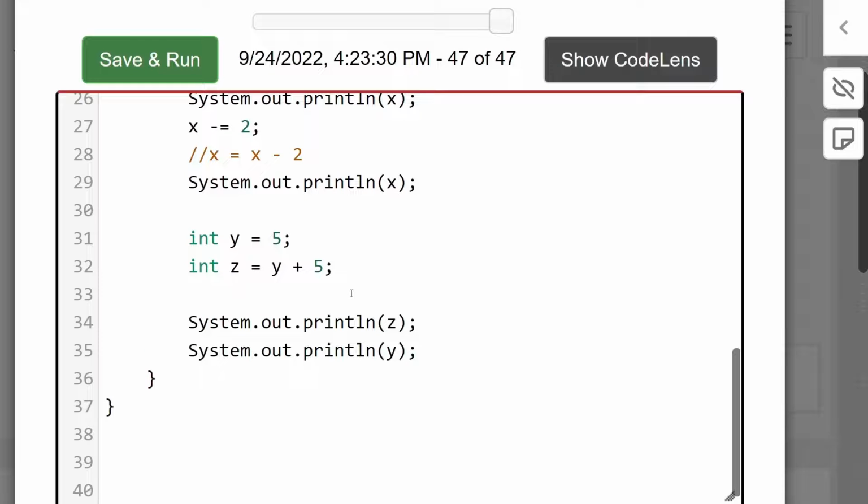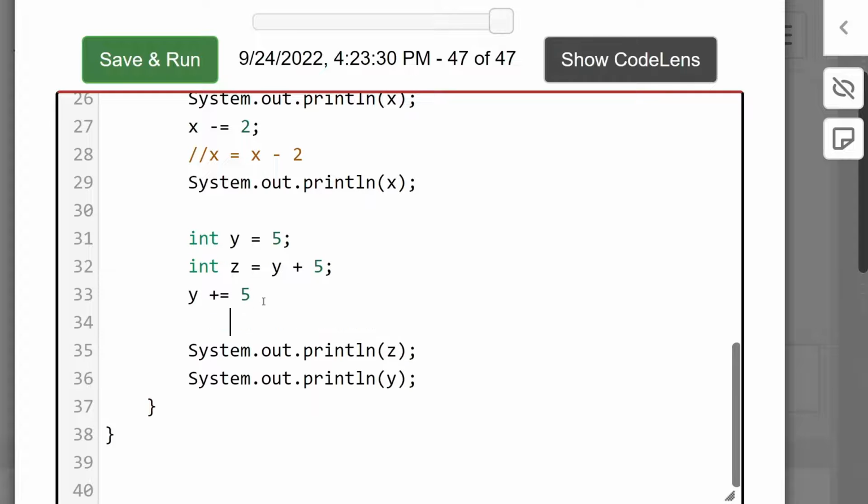Now, if we were to do an assignment operator, we say y plus equals 5, then you'll notice that the actual value of y changes to be a 10 because we're doing this exact same expression. Basically, what we're doing is we're saying y equals y plus 5.